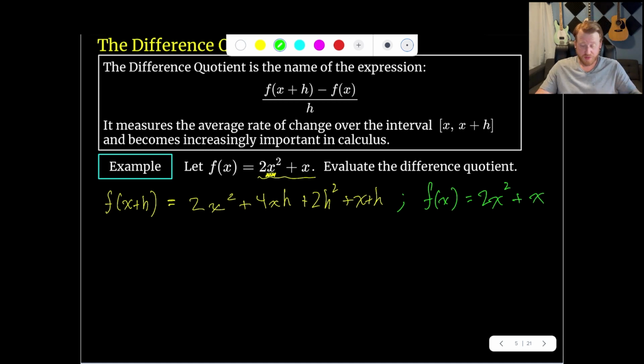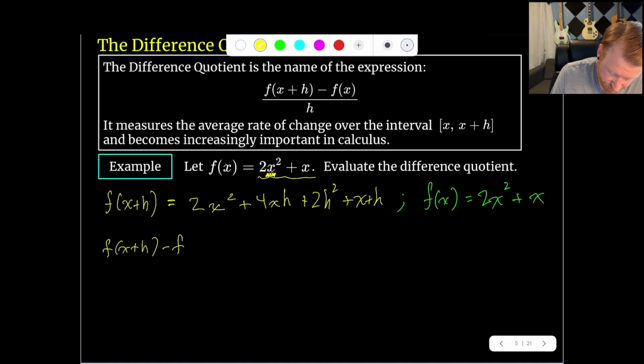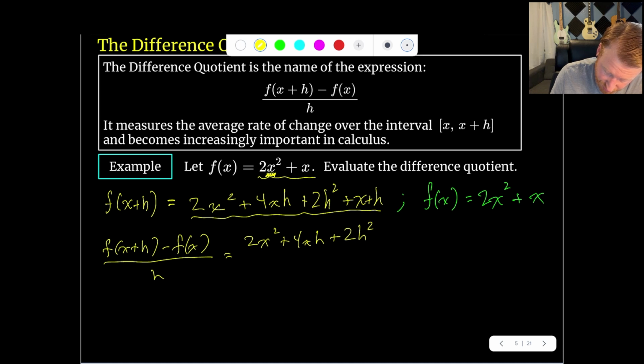So now if I'm trying to write the difference quotient, f of x plus h minus f of x all over h is going to be, keeping with my yellow here, 2x squared plus 4xh plus 2h squared plus h plus x. And then from that, I want to subtract the f of x.